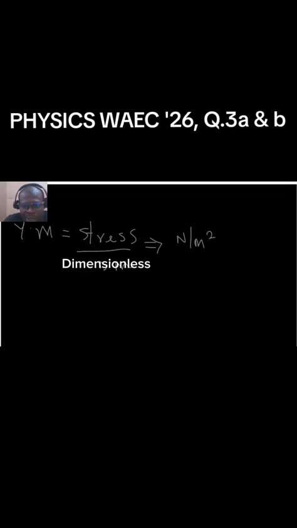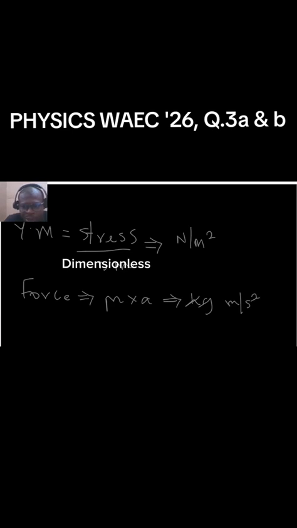Now apart from that, we can also conclude that the SI unit of force, which happens to be in form of Newton, can also be changed to the basic SI units. Force is equal to mass times acceleration, that is ma. So we all recall that mass is in kilogram and acceleration is in meter per second squared.